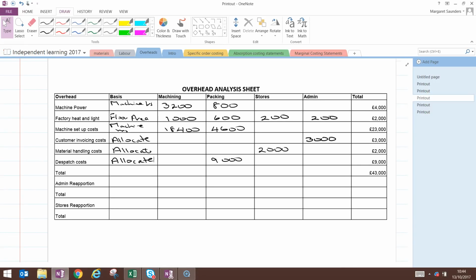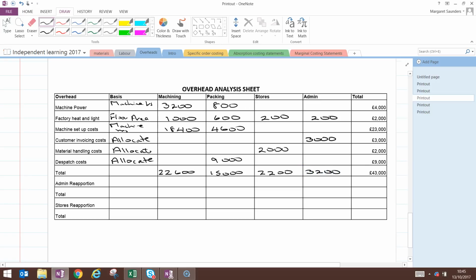So that's all our overheads, either allocated or apportioned. So now we total up each column. So total the machining column, total the packing column, total the stores, and total admin.